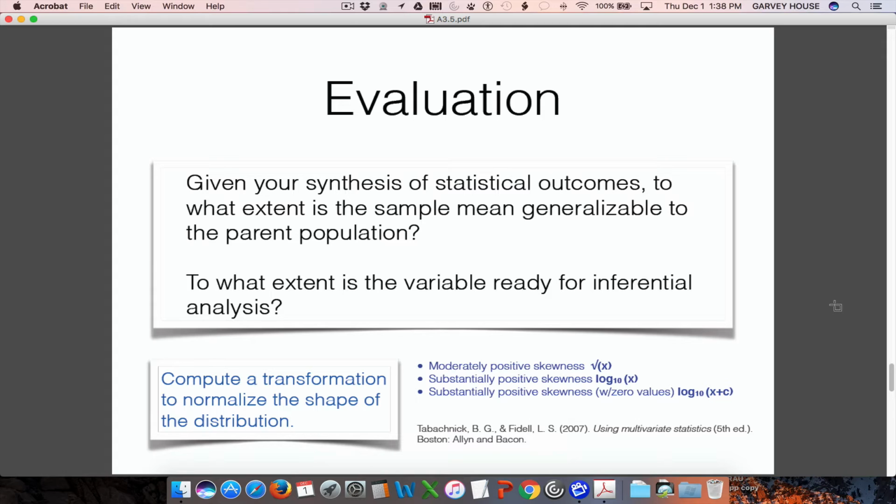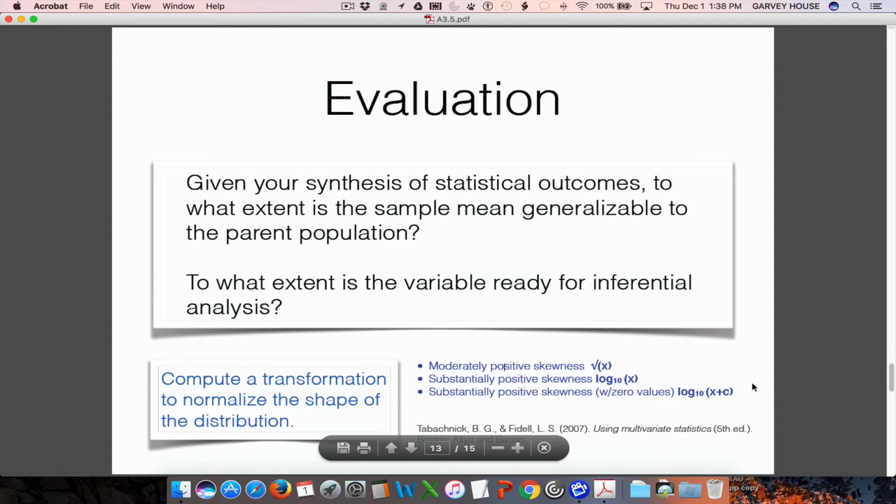In more advanced courses in statistics, you'd be able to compute a transformation that will help normalize the shape of the distribution. So in moderately positively skewed distributions, you can take a square root of each of the values. In substantively positive skewed distributions, you can take the log base 10 of each of the data points.